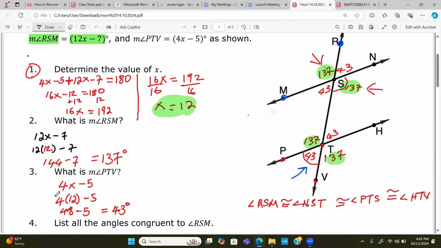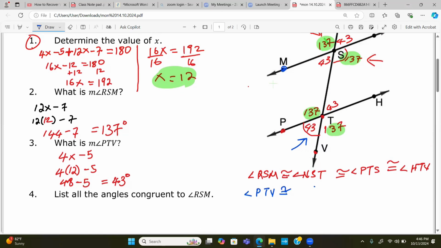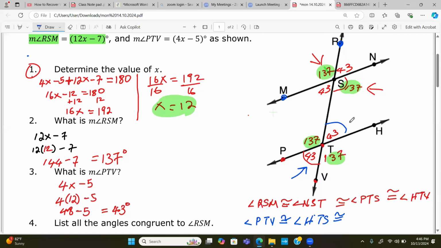Angle PTV is congruent to angle HTS, this one right here, which is congruent to angle MST, this one, which is congruent to angle RSN. So there it is. All right. See you next time.